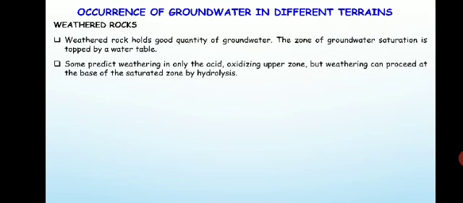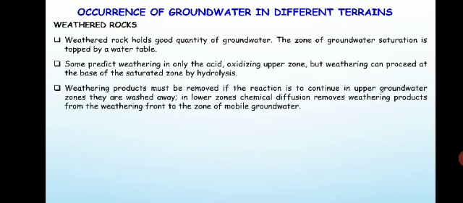Some predict weathering in only the acidic or oxidizing upper zone, but you will find weathering at the base of the saturated zone also, because of the process called hydrolysis, as in the case of limestone rocks.